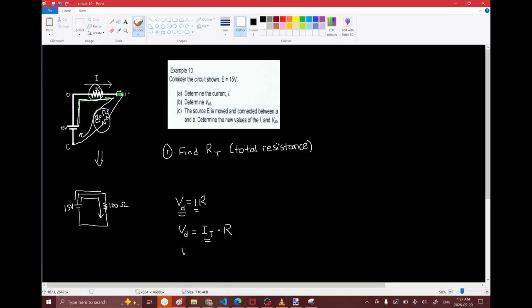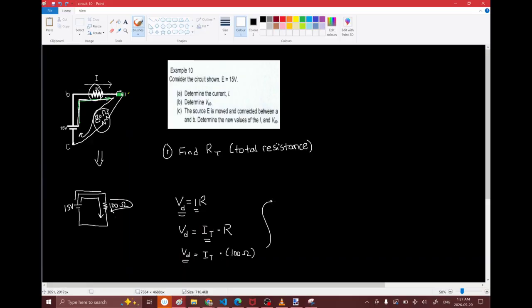So let's write that out. So VD is equal to IT multiplied by 100 ohms. Now what's the voltage drop across this resistor over here? Well, the battery only has 15 volts to give, and this is the only resistor in the path. So that means that all 15 volts are going to drop across this resistor.